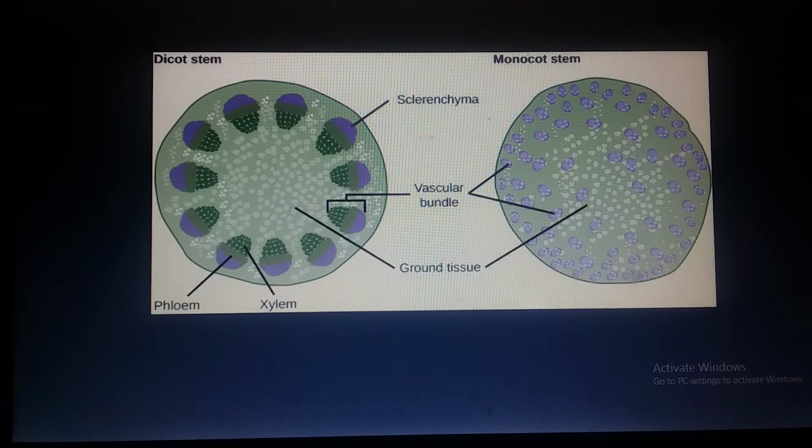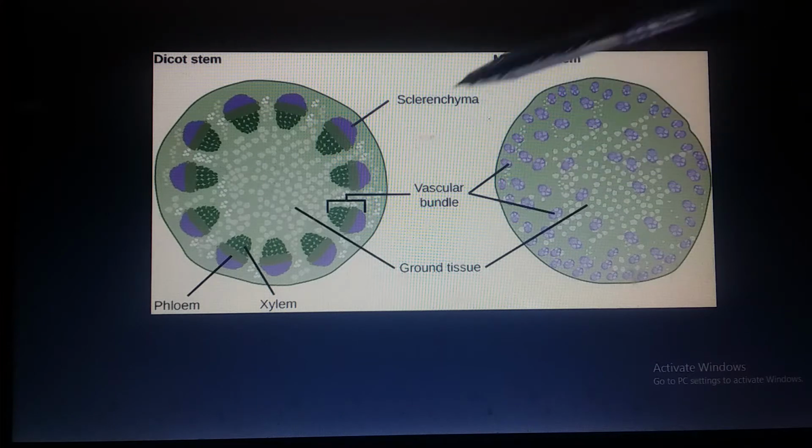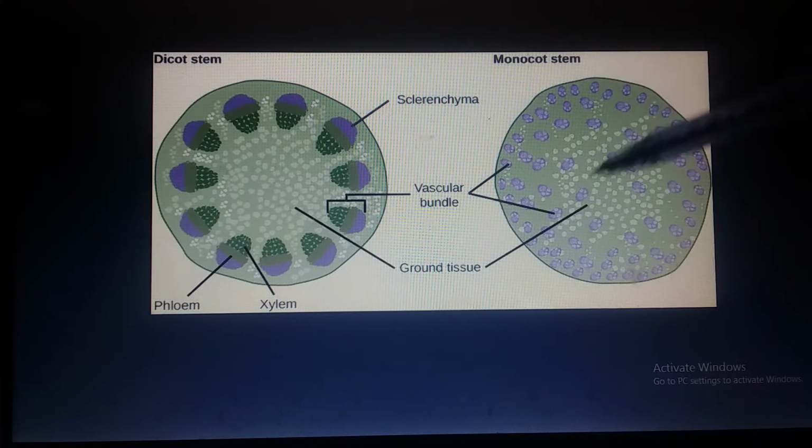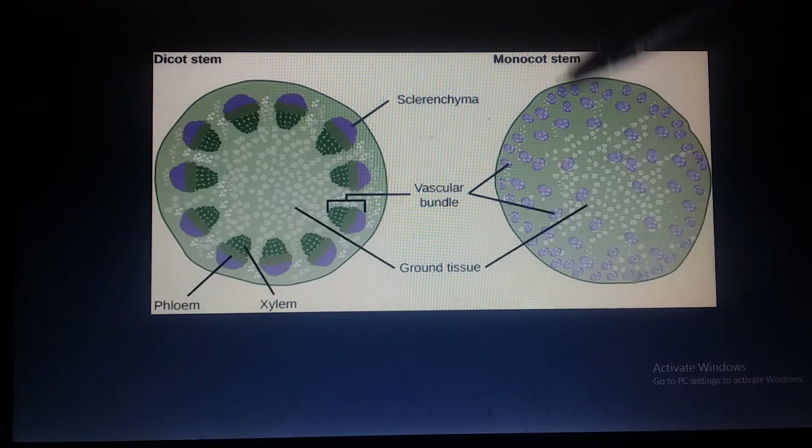First of all, I am showing you a figure which is about the monocot and dicot, and I have given you a concept about the monocot and dicot. So kindly watch my first lecture about the monocot and dicot. It will give you a lot of information, inshallah. In this diagram, you can see the dicot and the monocot stem, and I want to show you the arrangement of the vascular bundles, which I have explained in my previous lecture.